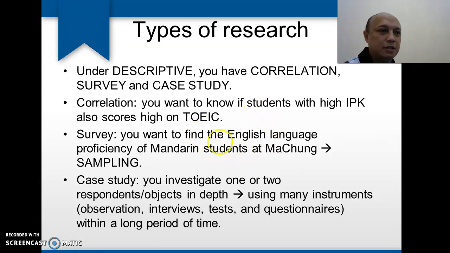In this case, if you want to describe the English language proficiency of Mandarin students, then that's it. You test them and then you describe the scores. The scores reflect their English language proficiency at Machung only. Okay, that's survey. This will lead to the concept of sampling, which we are going to discuss further later.